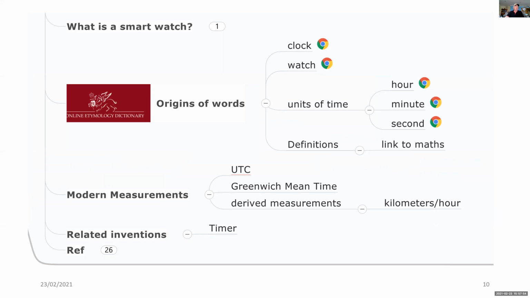Some of our modern measurements depend on a really good reference. And there's a really interesting museum in Greenwich, which I've been to, which shows you some of the first clocks which were used. And of course, Greenwich is the origin for Greenwich Mean Time and for the world standard reference.